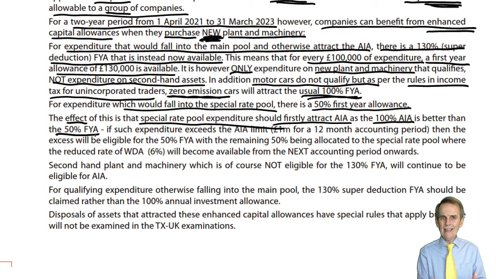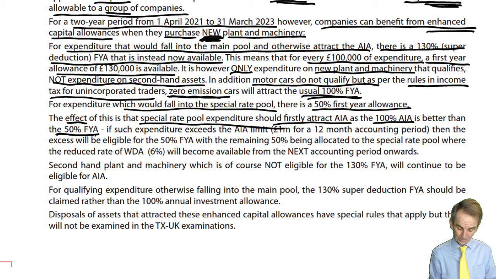Remember, from what we've already seen, when we prepare a corporate tax computation, we're going to prepare a capital allowances computation for that accounting period, and the accounting period cannot exceed 12 months. But it could be a short period there. And if it's a short period, then you would indeed need to net down that £1 million 12-month limit figure.